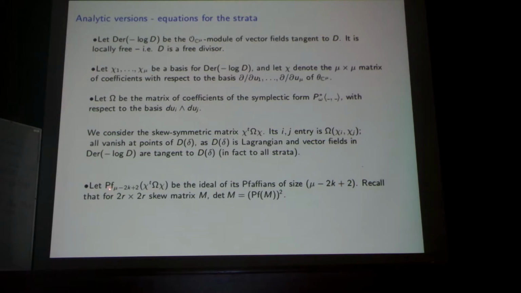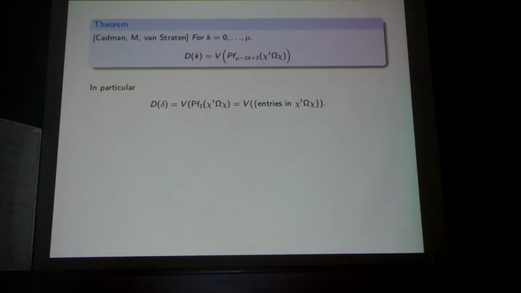For each even integer mu minus 2k plus 2, we form this ideal. And then the statement is that for each k, the stratum D_k is the set of zeros of this ideal.